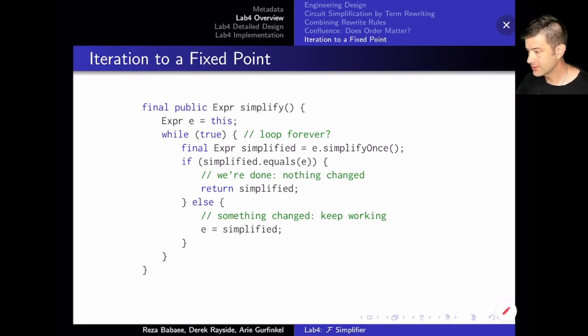It does depend on how simplify once is implemented, but remember, this is not arbitrary code. This is code that implements the simplification rules that we just talked about. So I'm looking for an answer based on what we talked about. What can you say about this loop? Will it not terminate?